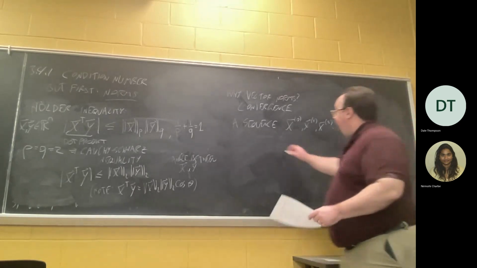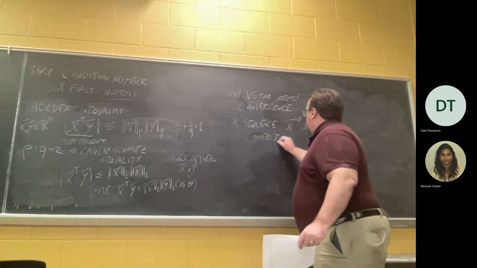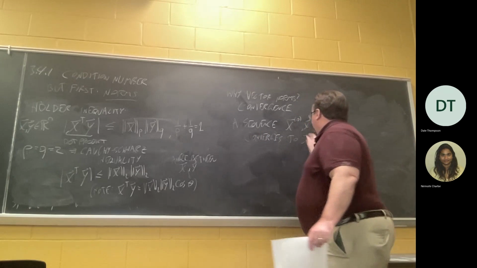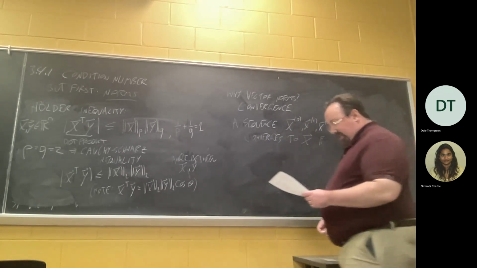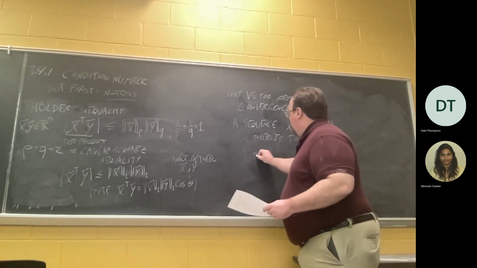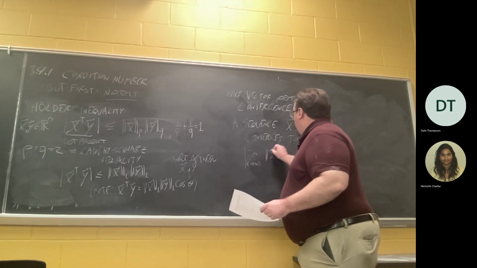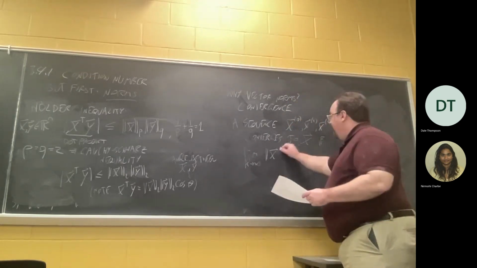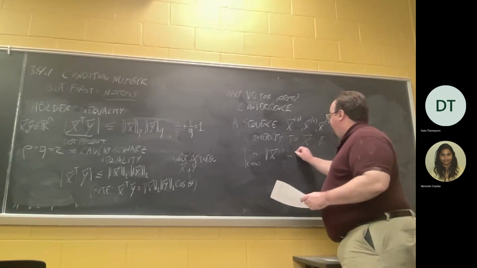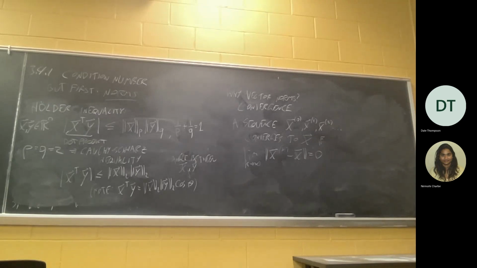A sequence converges to some vector x if the limit, as k goes to infinity, of the norm of the difference between x^(k) and x converges to 0.